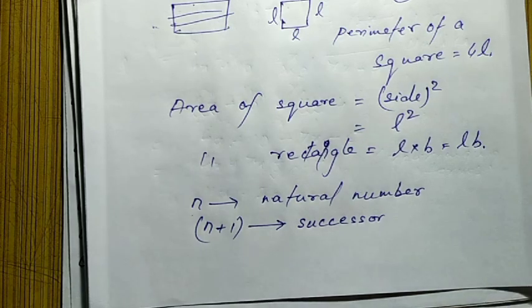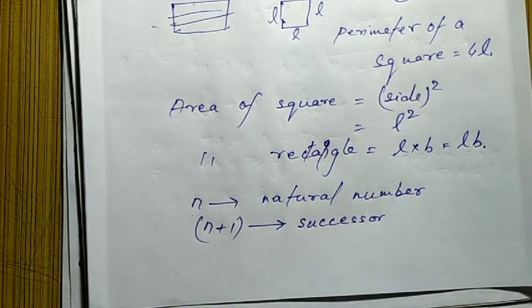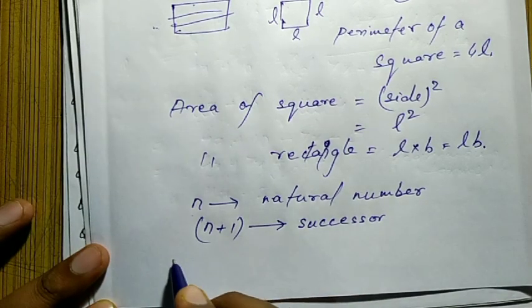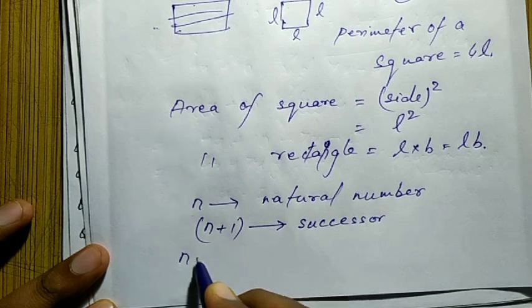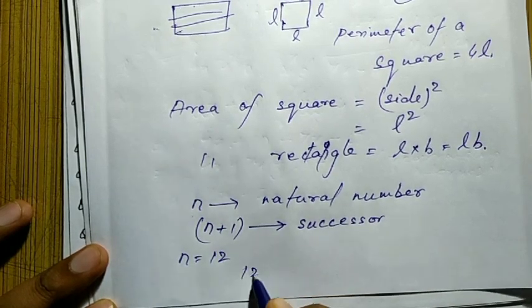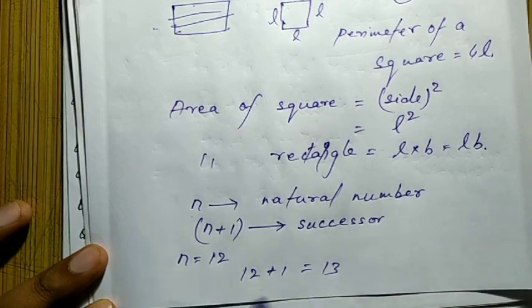Suppose I ask what is the successor of the natural number 12. The successor of 12 means 12 plus 1, that is 13. So n is equal to 12 and the successor of 12 is 12 plus 1, that is 13.